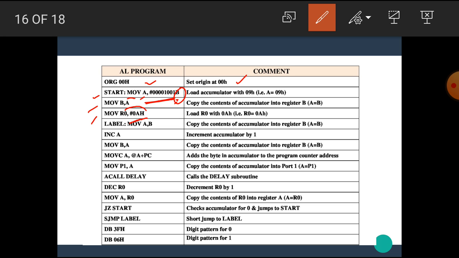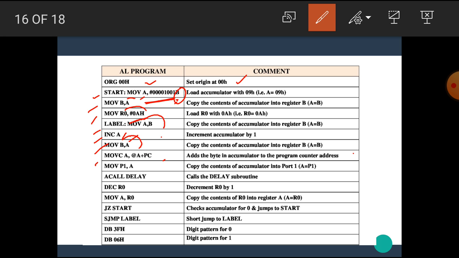The next instruction is label: MOV A, B, that means the content of B is now loaded into the accumulator register. INC A means increment accumulator. MOV B, A, that means A is loaded into B. Next instruction is MOVC A, @A+PC, that means this instruction adds the byte in the accumulator to the program counter address.